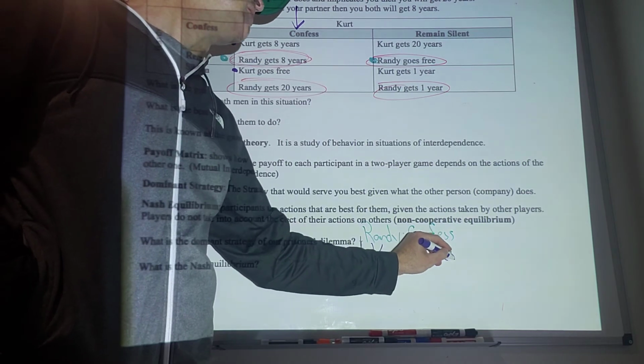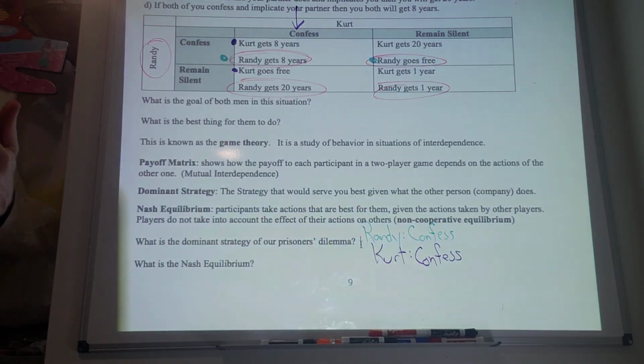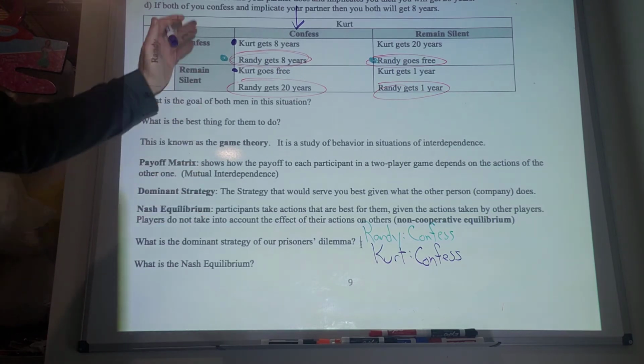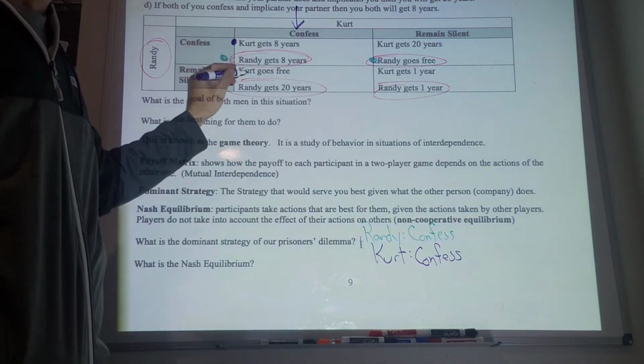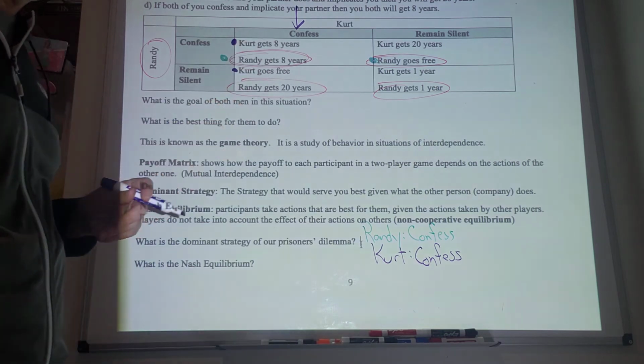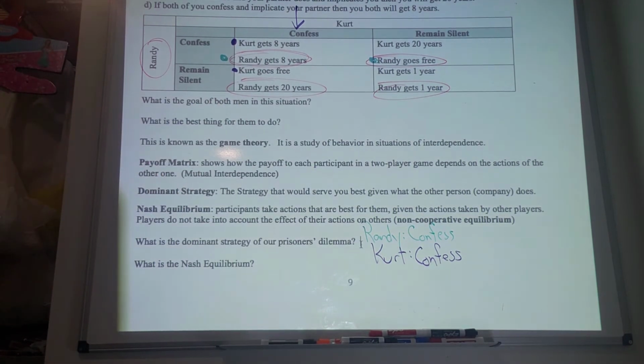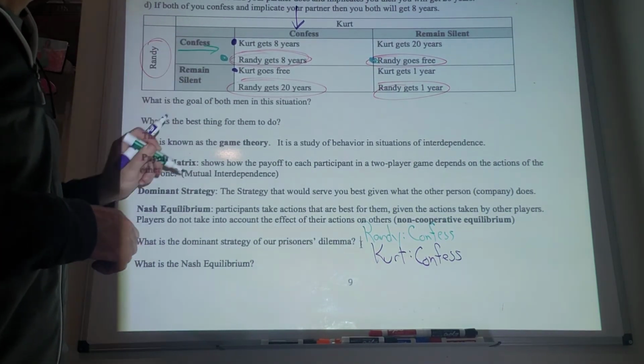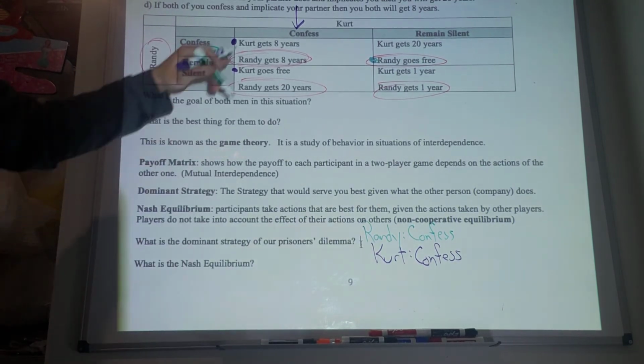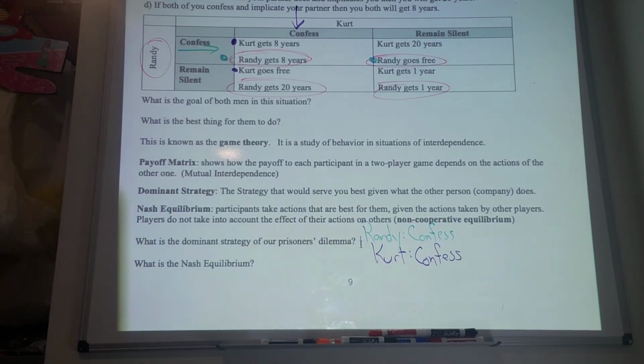And we will look at examples in the future where there is no dominant strategy for one of them, or they both have dominant strategies, but they're in opposite sides. In this one, it just happens to be, and this is the simplest example we could use to start off with, that Randy's dominant strategy is to confess, and Kurt's is to confess.